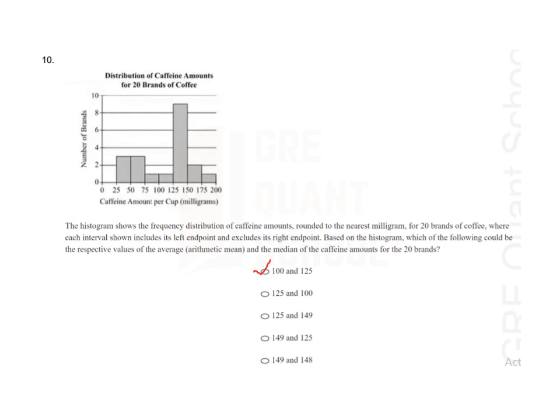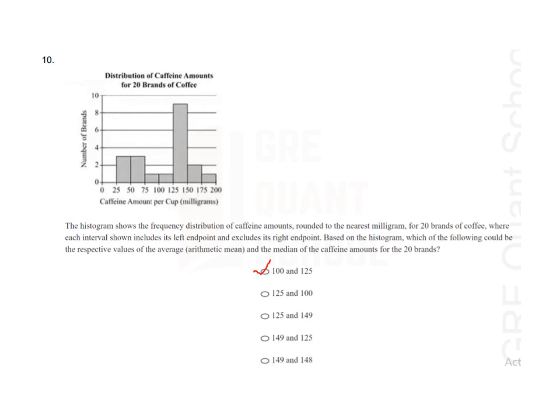Based on the histogram, which of the following could be the respective values of the average and the median of the caffeine amounts for the 20 brands? To find out the median, we can arrange the numbers in ascending or descending order.